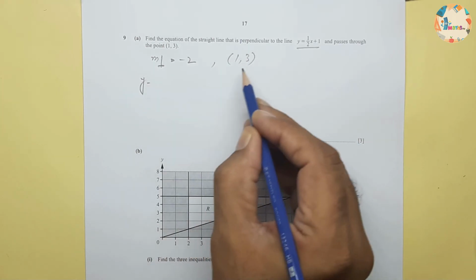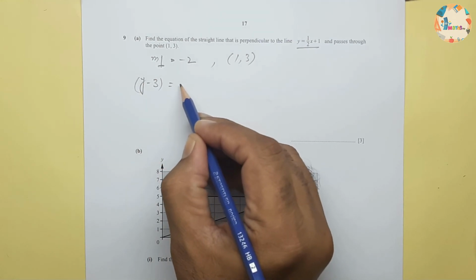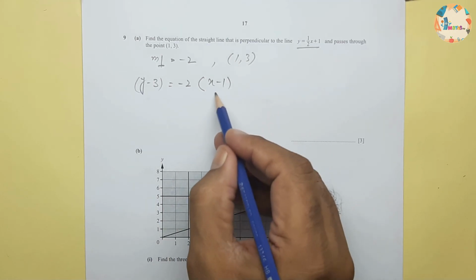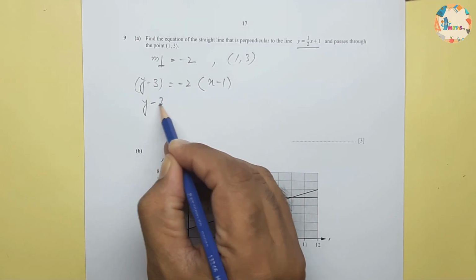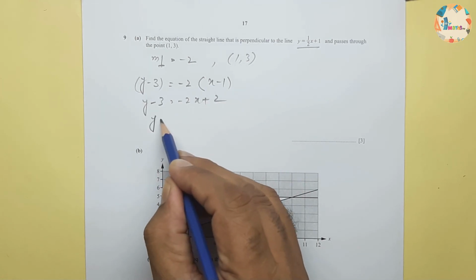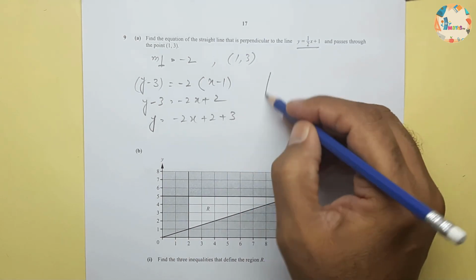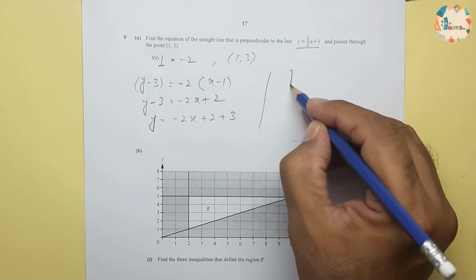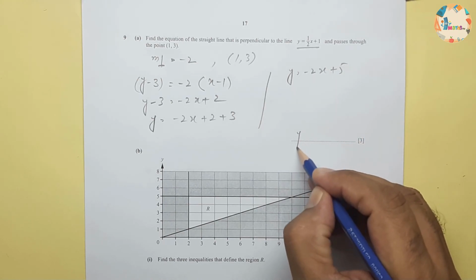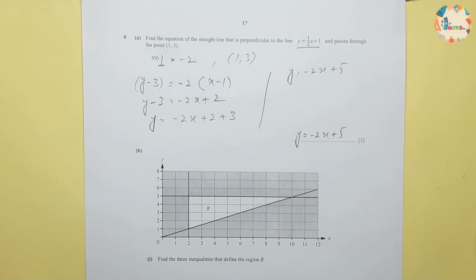So y minus y1, which is 3 in this case, is equal to m, which is minus 2, into x minus x1. So x1 is 1, so open this one. Y minus 3 will be equal to minus 2x plus 2, and y is equal to minus 2x plus 2 plus 3. So the final equation will be y is equal to minus 2x plus 5 as our answer.